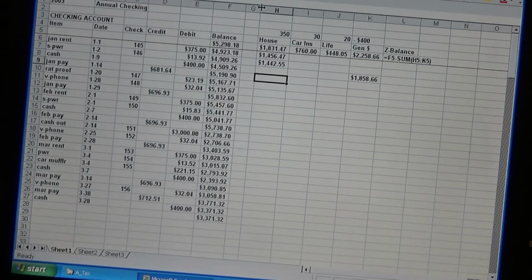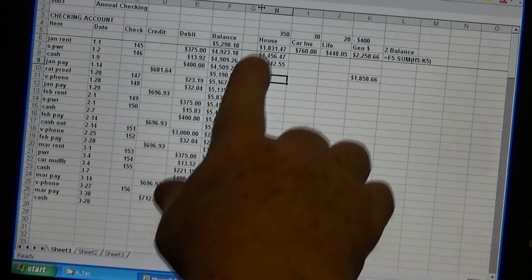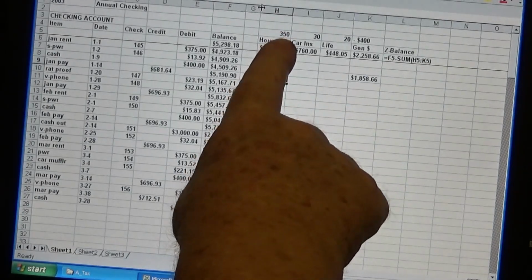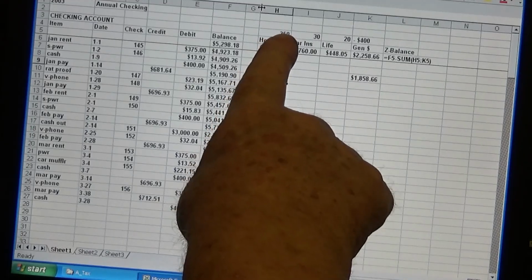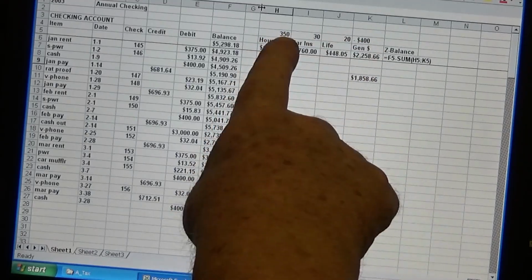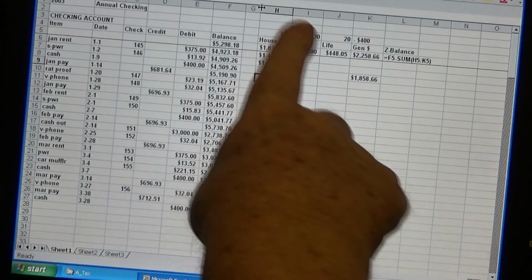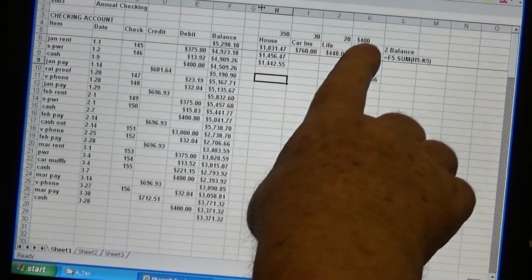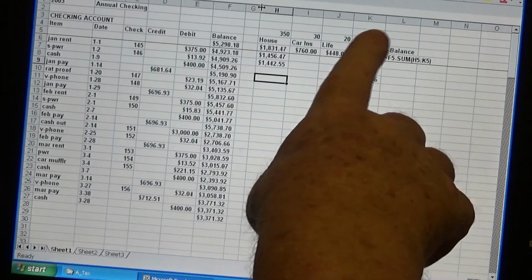And then we have our payday. Now this is where we start stuffing money in our cash envelopes. So here are the amounts I've decided from budget analysis from the previous year, how much has to go into the different categories. So it's going to be $350 out of here. So those are reminders of what I need to put in, and this here is going to be a subtraction.